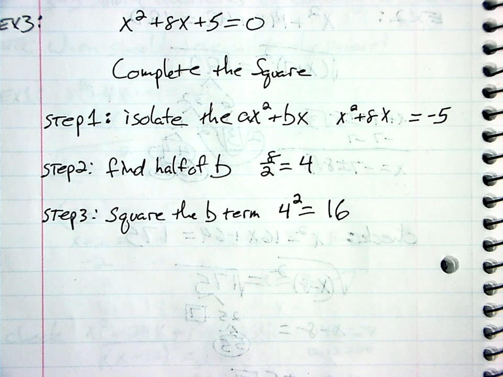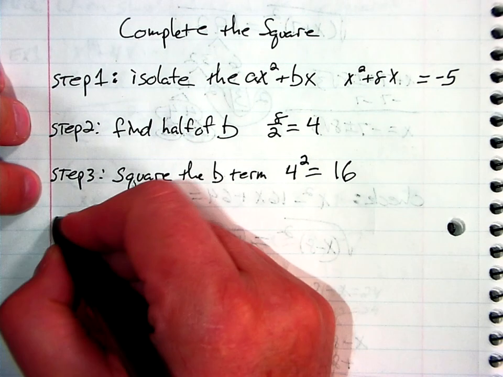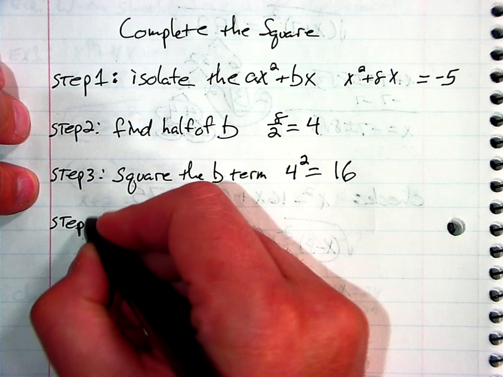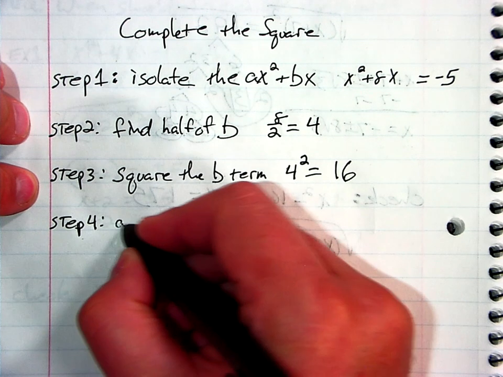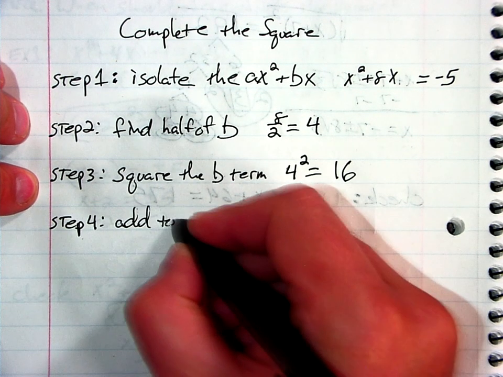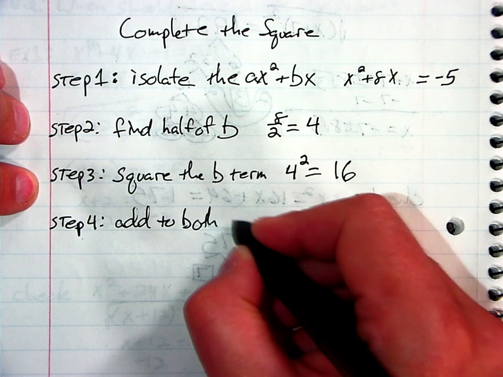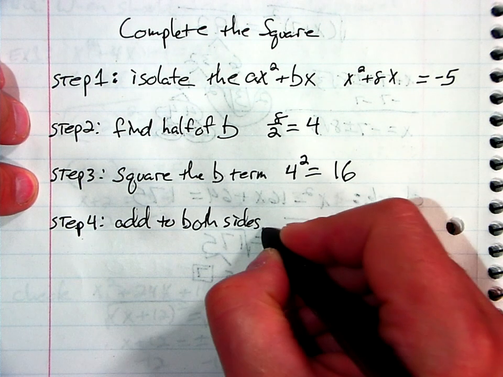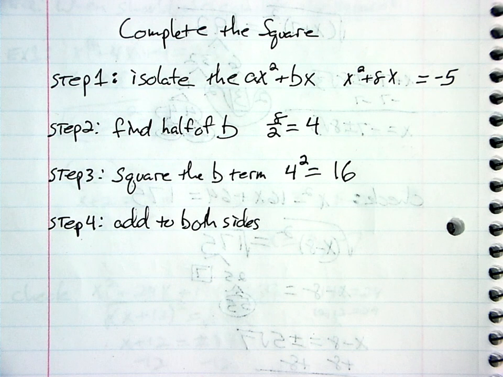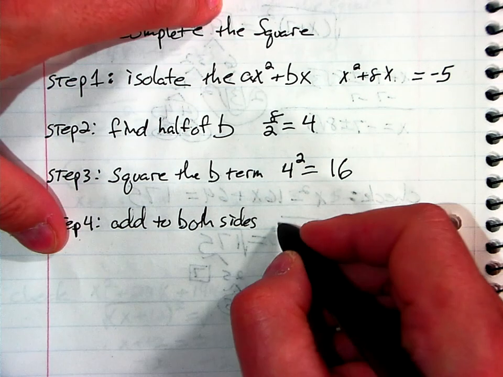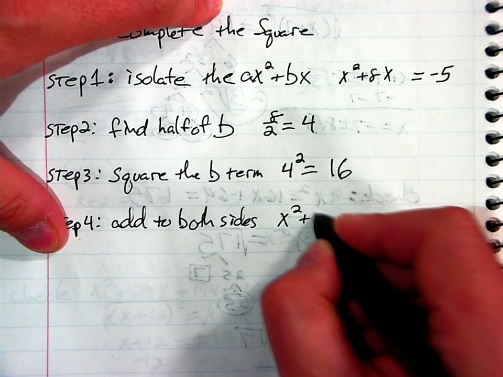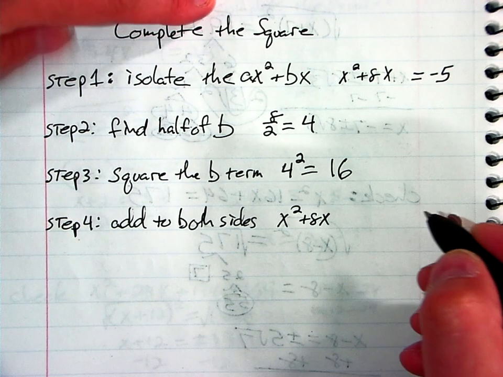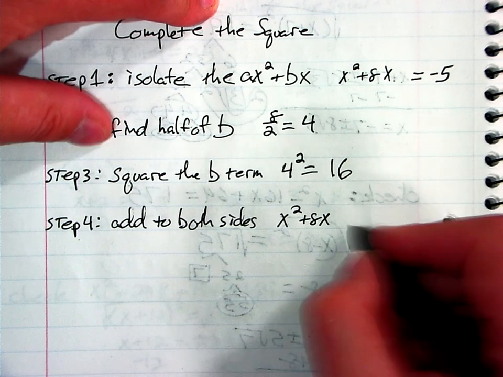We have 2 steps left. Add to both sides. So we're adding our new b term to both sides of our equation. So we keep the x squared plus 8x, and what did we just find out was our new b term?